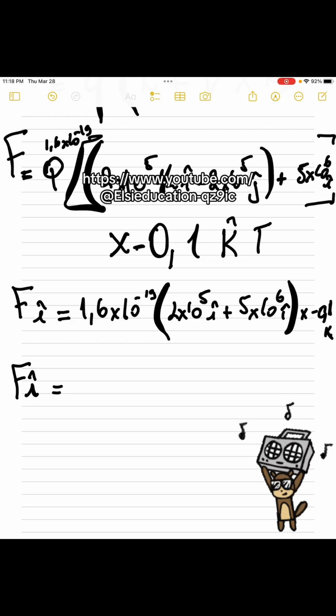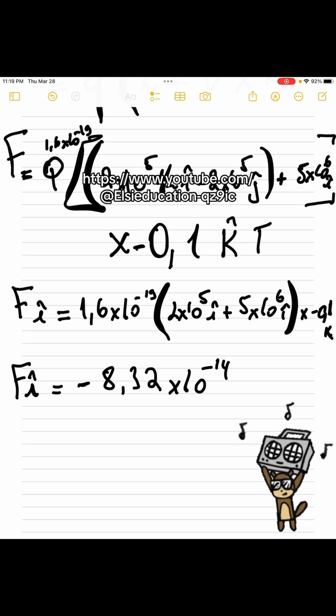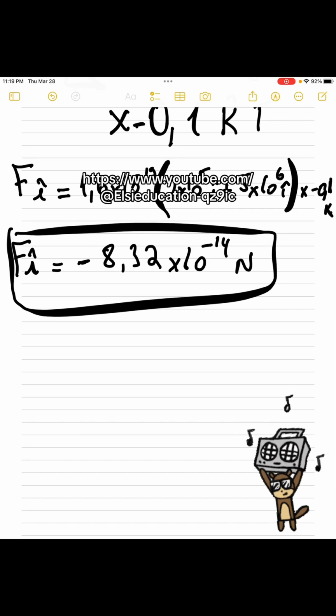If I'm not mistaken, that will be equal to minus 8.32 times 10 to the power of minus 14 Newton.